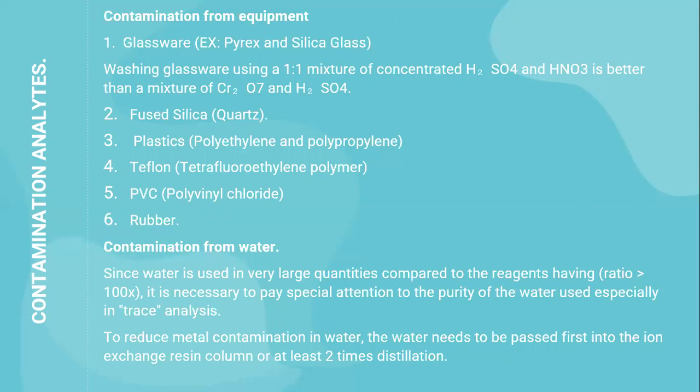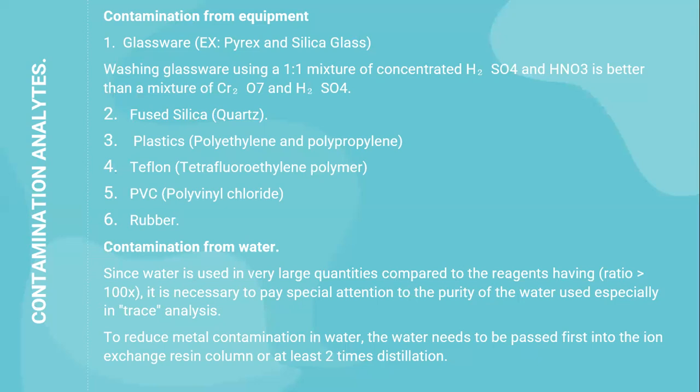The second is fused silica. We can call that quartz. And then plastic is polyethylene and polypropylene. 4 is Teflon, a tetrafluoroethylene polymer. And 5 is PVC, polyvinyl chloride. And the 6 is rubber.